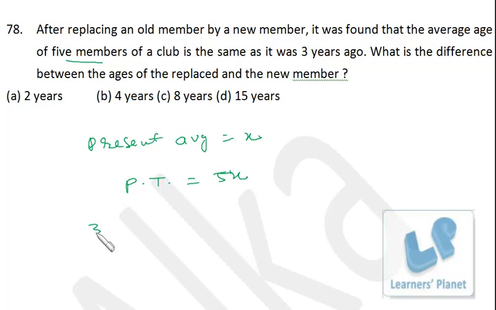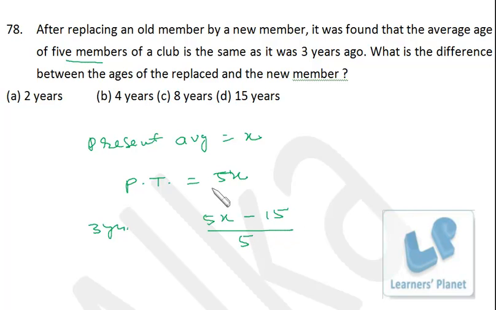So 3 years before, everybody must be 3 years less, so total will be 5x minus 15, right? 3 years, everybody must be 3 years younger, so in total 3 into 5, 15 we have to deduct. So this is the total age before 3 years, right? And if I divide it by 5, we'll be getting the average age of the persons before 3 years, right?